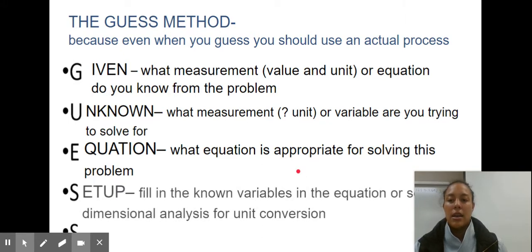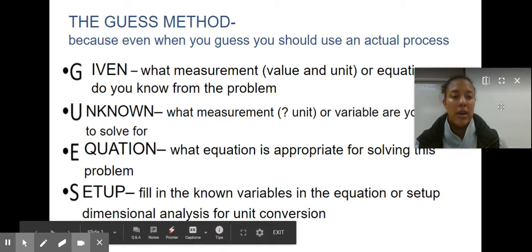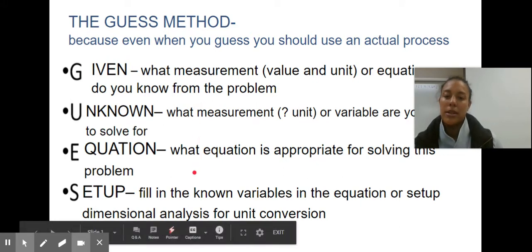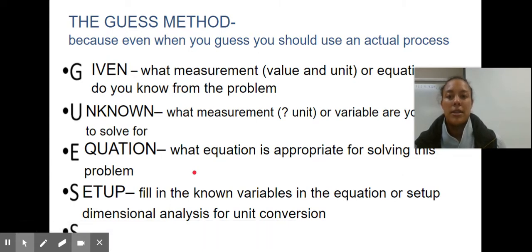The first S stands for setup. So you're going to take the equation that you identified earlier and then plug in the given measurements from step number 1. So you're basically showing your work at this point. And you'll be able to identify, do I need to convert my units so that I can have a successful answer in the end?